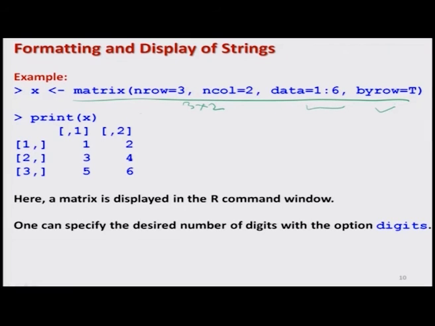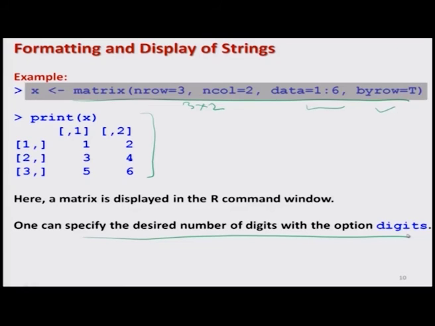And if I give print x, this prints the outcome of x. One can also specify the desired number of digits with the option digits depending on your requirement. Let us see whether this matrix is printed over our console or not.